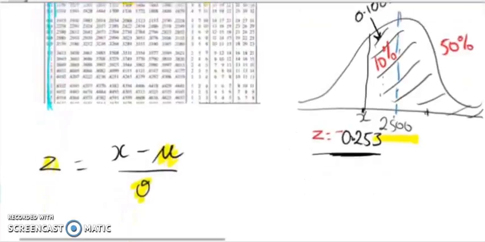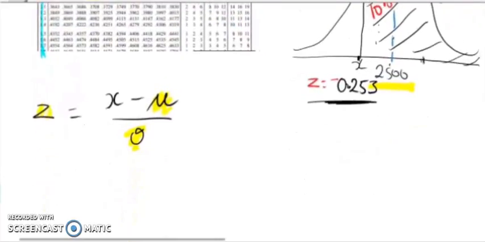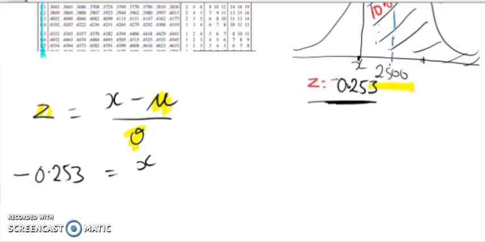Okay, so let's fill in all the knowns. Negative z-score because it's on the left. Negative 0.253 is equal to, we don't know x yet, minus the mean, all divided by the standard deviation, which was 120. Okay, so to get rid of all these other things around the x, we've got to get rid of the 120.